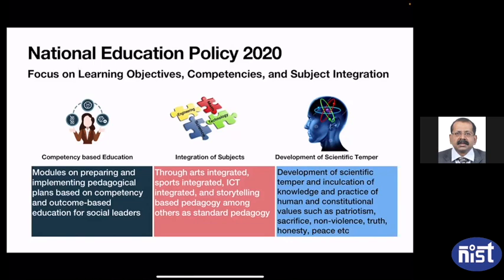A big focus has been there on development of logical and scientific temper. Development of scientific temper and inculcation of knowledge and practice. And to this, you talk of value education, also practice of human and constitutional values such as patriotism, sacrifice, non-violence, truth, honesty, and peace.